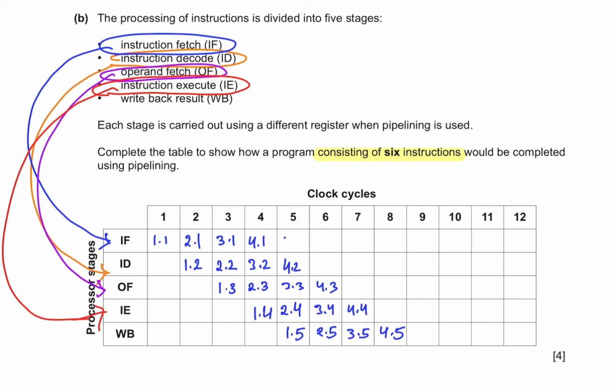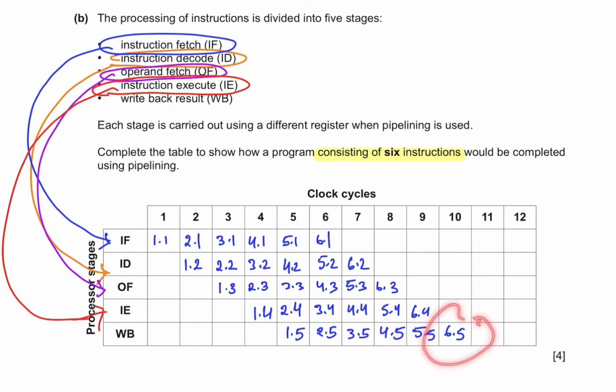Okay, 5.1, 5.2, 5.3, 5.4, and 5.5. 6.1, 6.2, 6.3, 6.4, and 6.5. We will stop here at 6.5.